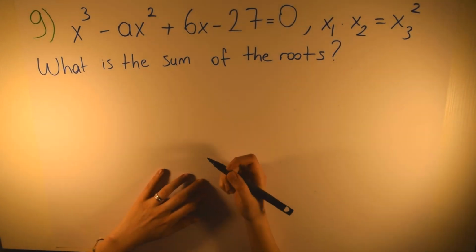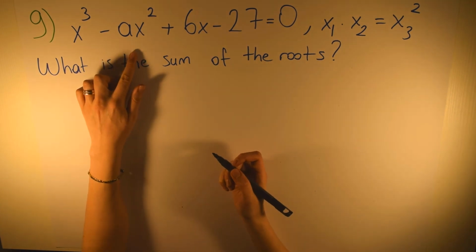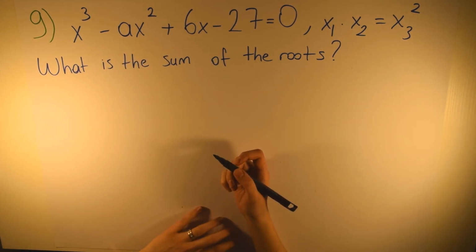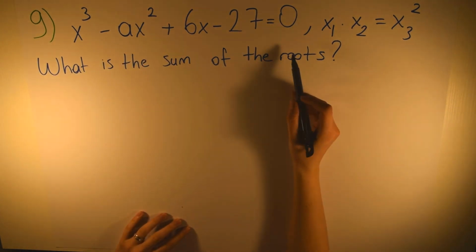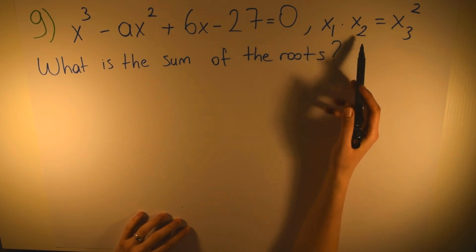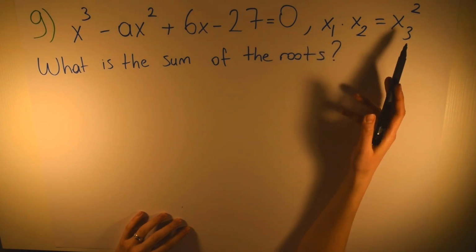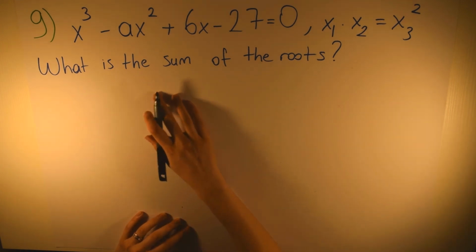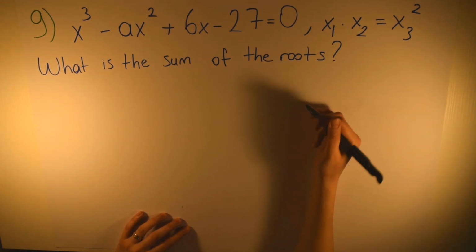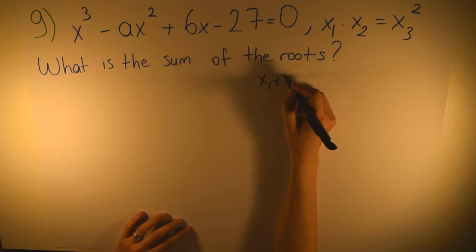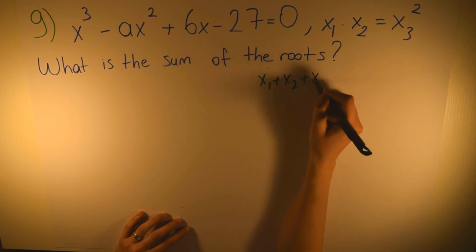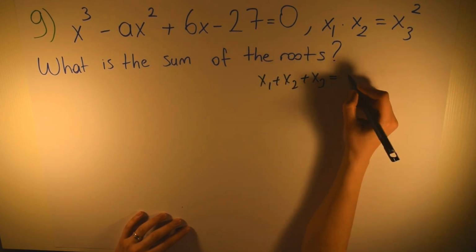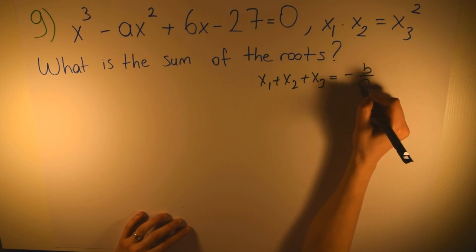In this question we have x cubed minus ax squared plus 6x minus 27 is equal to 0. x1 times x2 is equal to x3 squared. What is the sum of the roots? So what was the formula to find the sum of the roots? It is x1 plus x2 plus x3 is equal to minus b over a, right?